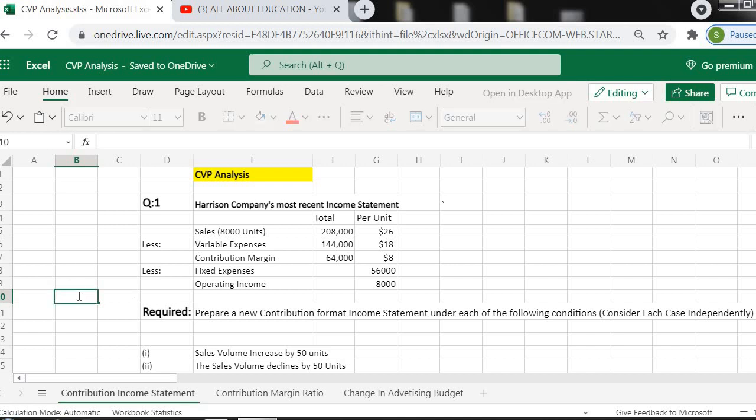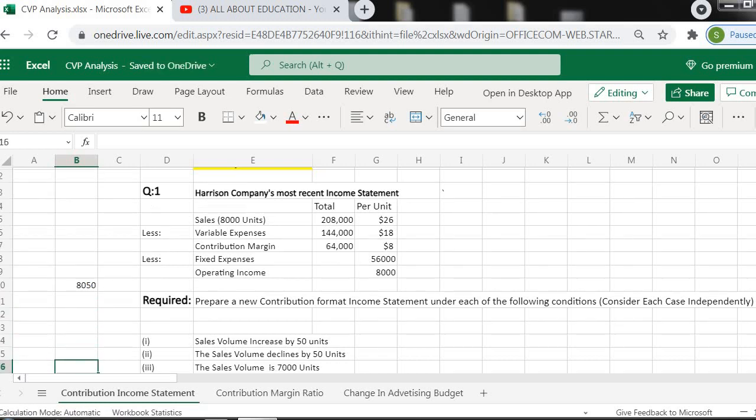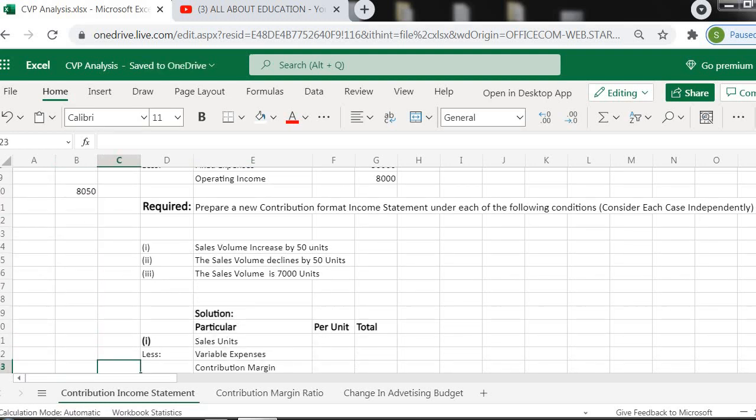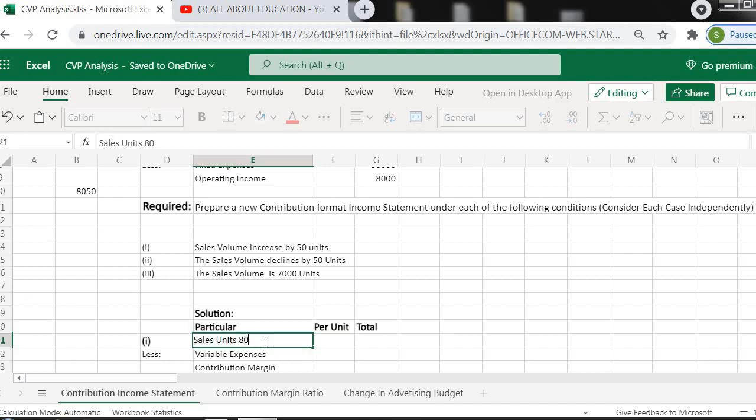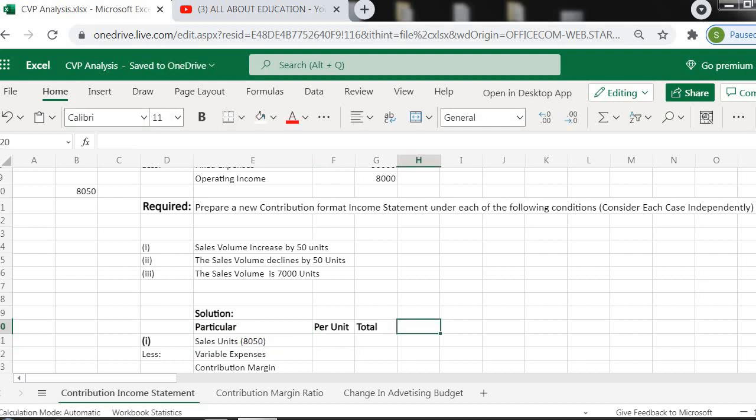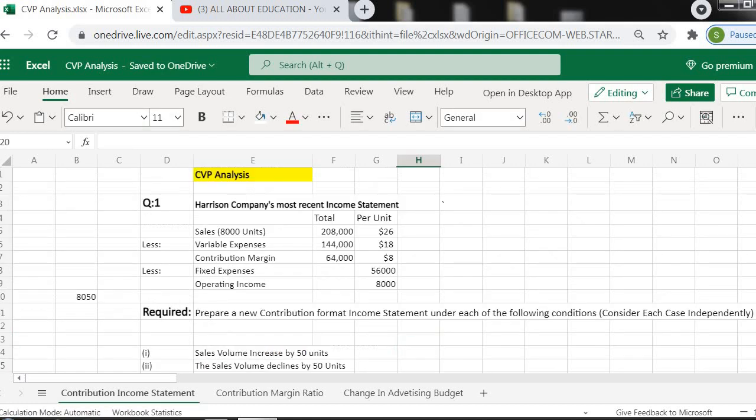8,000 plus 50, so what we get? 8,050, right? So there are 8,050 units, and the per unit cost of sales is 26.